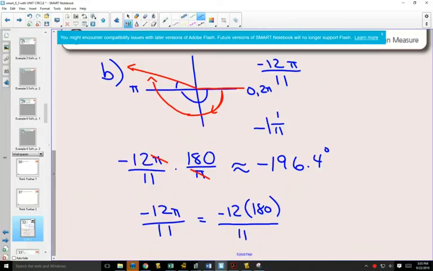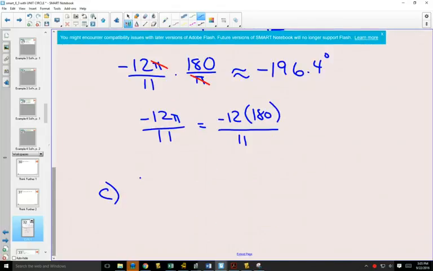So finally in part C, we've got 7.5 radians. You want to change that to degrees. 1 radian is 180 over pi.